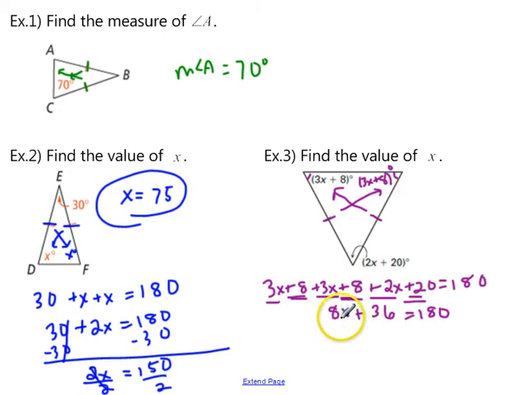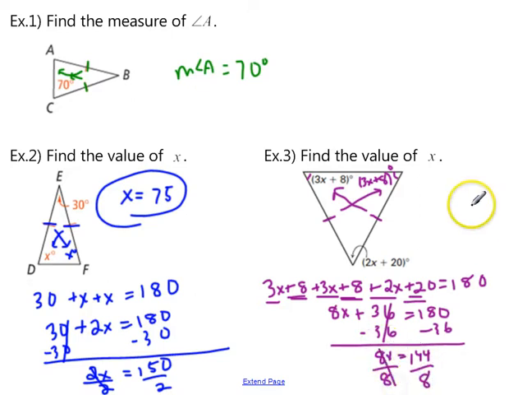And now, in order to solve for x, we want to subtract 36 from both sides of the equal sign. And then we're left with 8x is equal to 144. And then last, divide both sides by 8. And we get x is equal to 18 as our final answer.